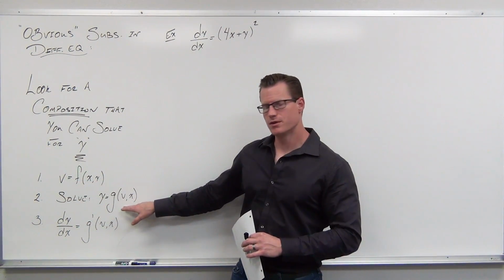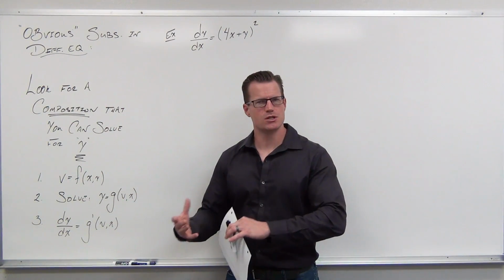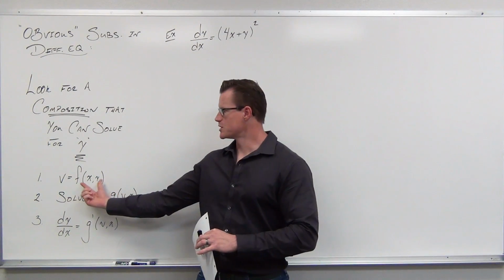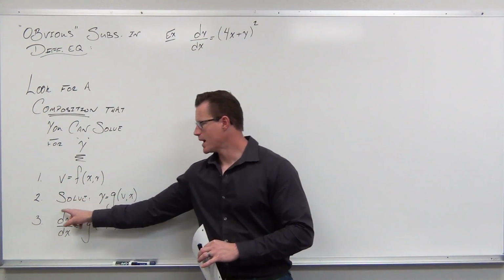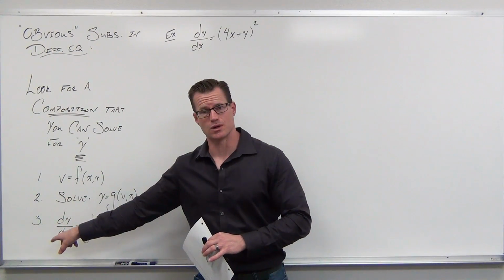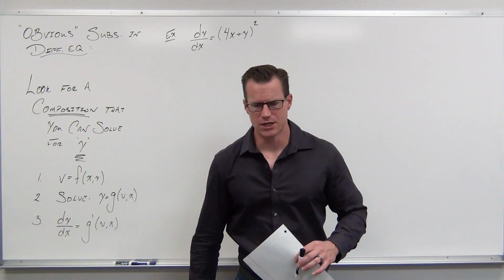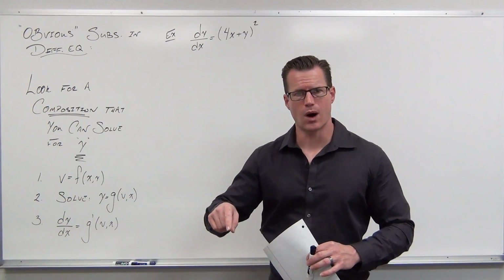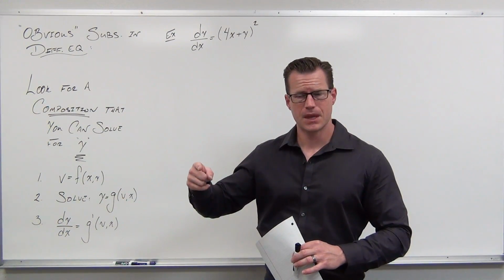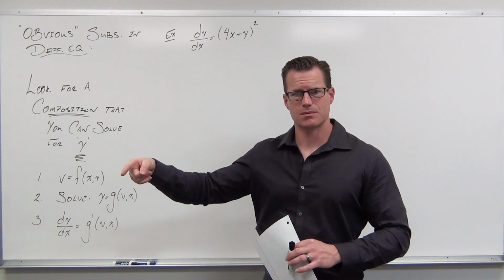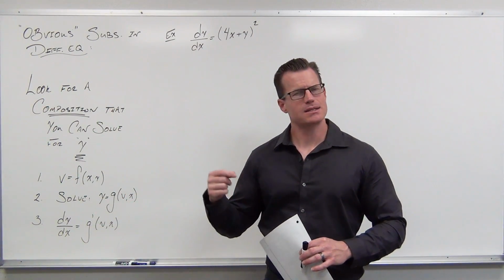Then when we take a derivative, same idea as homogeneous, this double substitution idea, we have something we can replace dy dx with, because you can't have that y anymore. So our main idea, very similar to homogeneous: you're looking for a composition, solving for y, and replacing all of the y's from the composition and the dy dx by the derivative. Just like homogeneous, you can't have any y's left over. Let's see how that works.